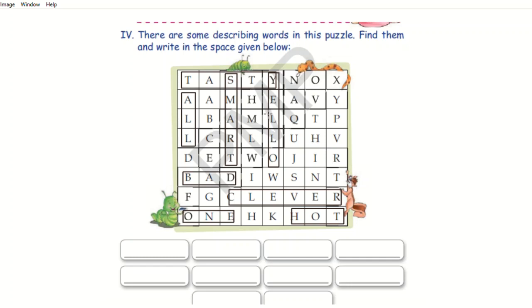Let us count 1, 2, 3, 4, 5, 6, 7, 8. We need to find 2 more. Two. Now we have to find one more describing word.